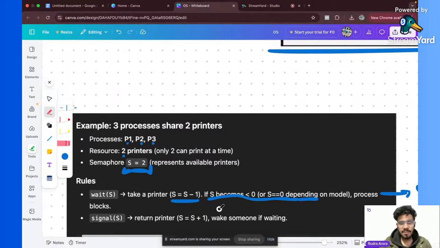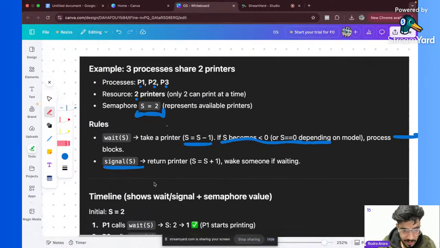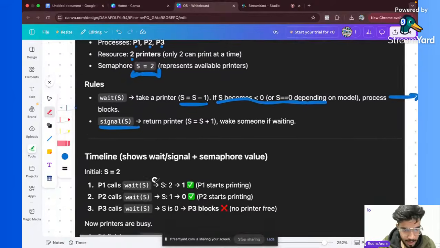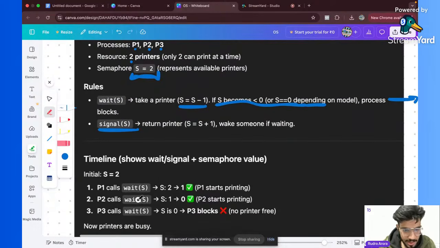When the process finishes executing, it will call signal. It has to call signal because it is leaving the resource, and it has to make sure that others also know that it has left. So P1 will come in and call wait.